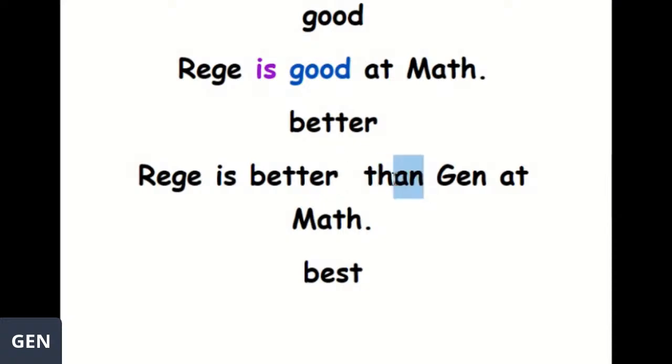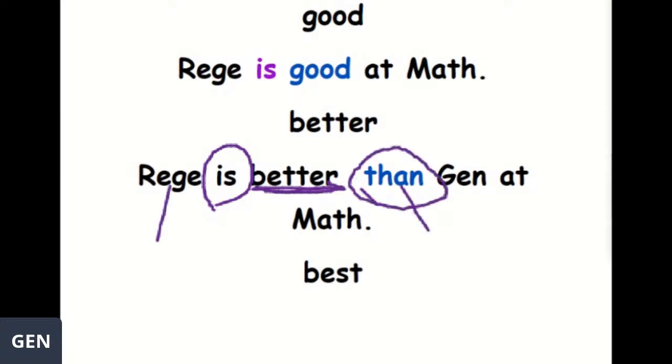So take note, I'm using than there. So is, that is your hint, better, that is the comparative of good, and I'm using than. And of course, two people. Good at math. You cannot say good in, so you have to use good at.